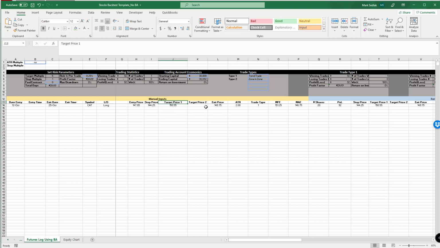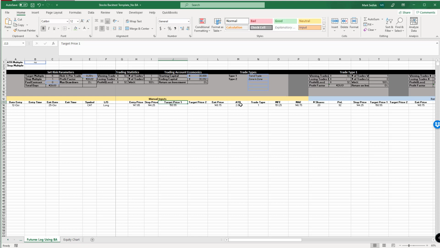So the way this works is, let me start with the first one. If you have 1 target, you're just going to put a price here, nowhere else. If you have 2 targets, you're going to put one here and then have your exit here. If you have 3 targets, you're going to have one here, here, and then your exit.